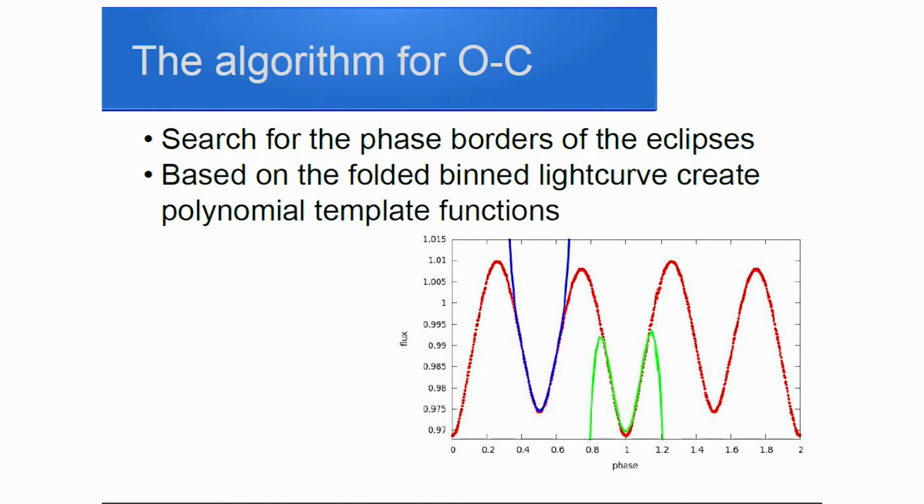One thing we forgot to mention is that we use GPU for the binning process, and it makes it 10 times faster. So I also use that for the binned light curve, and to determine the shape of each eclipse, I mean the primary and the secondary eclipse.